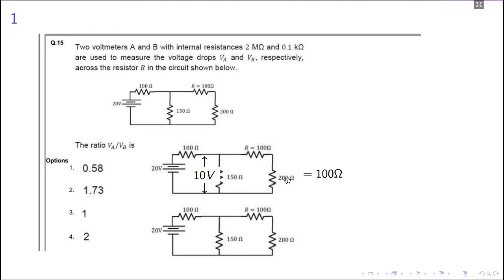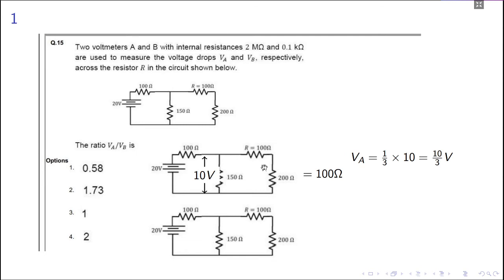So here it's 100 ohms, here is 200 ohms. So if the voltage drop here is X, here it will be 2X. So basically 10 volts is the overall drop. So 10 by 3 will drop on this, and two-thirds of 10, so 20 by 3, will drop on this. So VA is approximately equal to 10 by 3 volts.